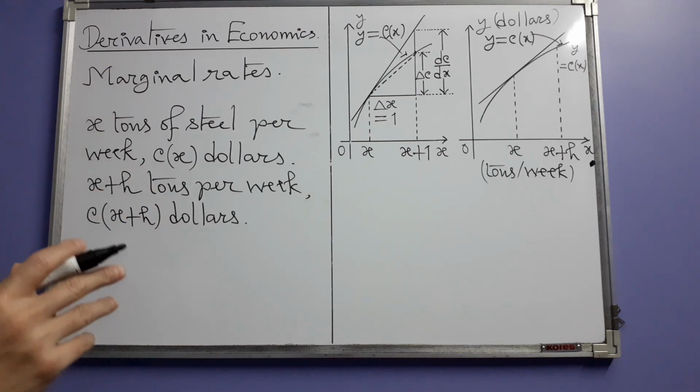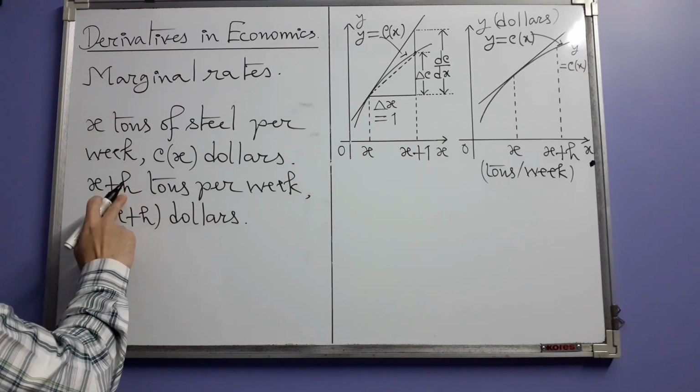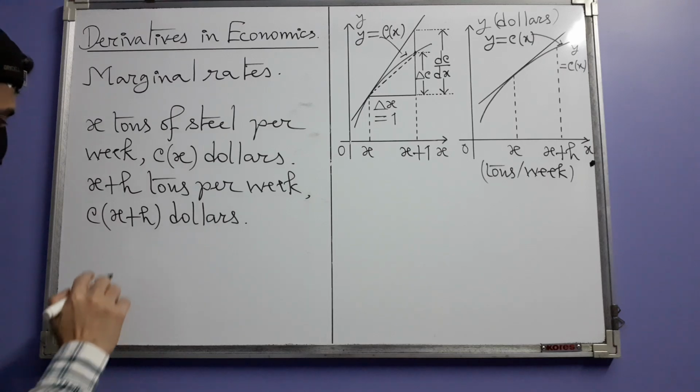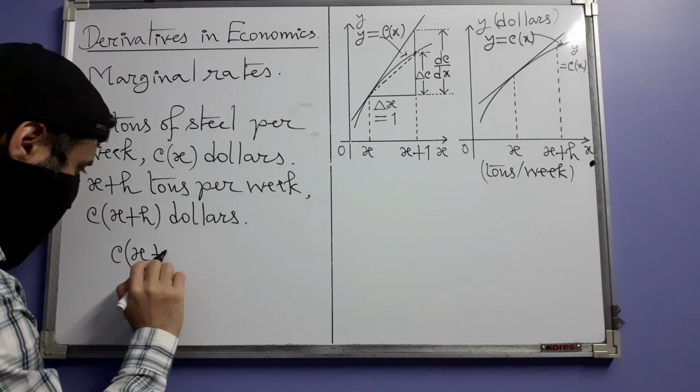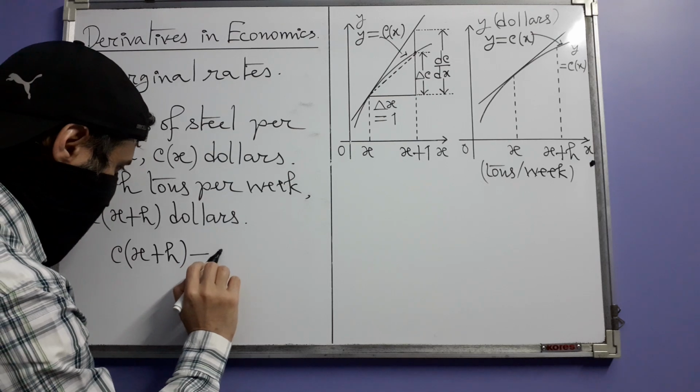Now, the extra cost of producing this extra H tons obviously is going to be this difference.